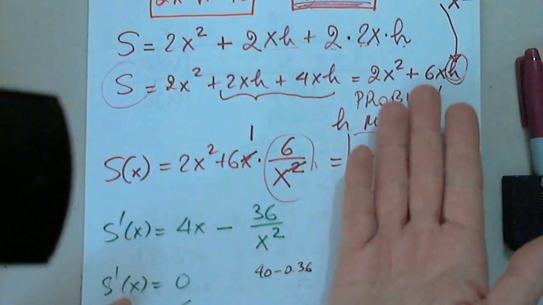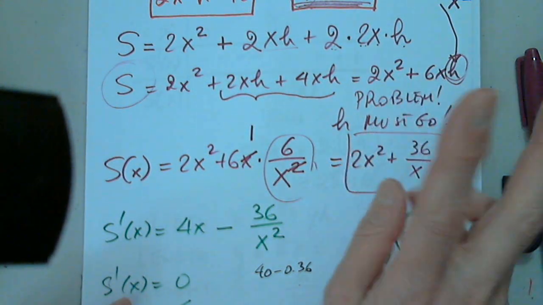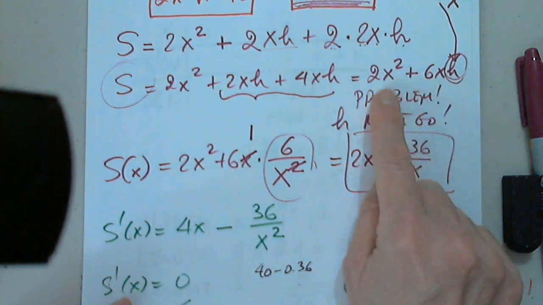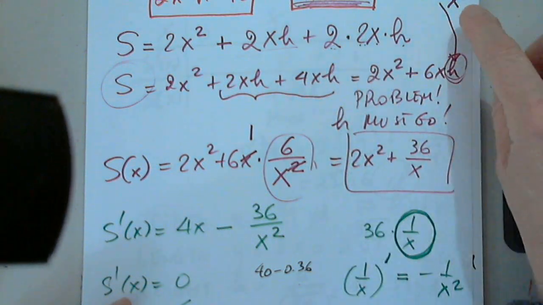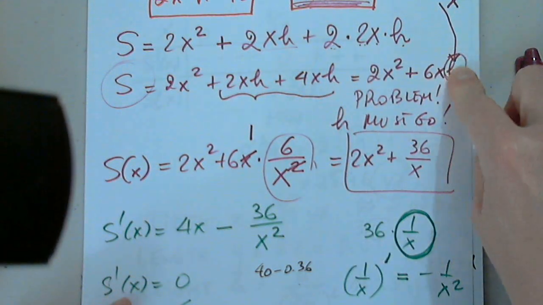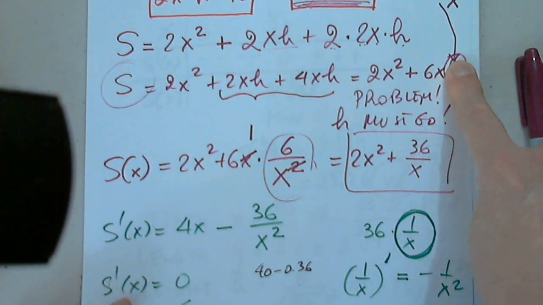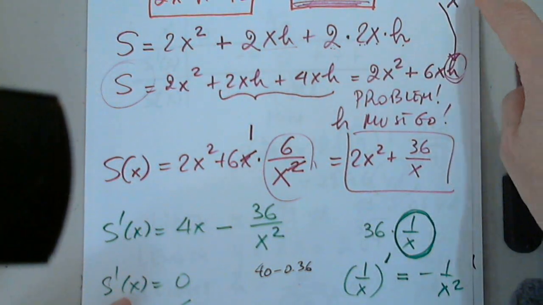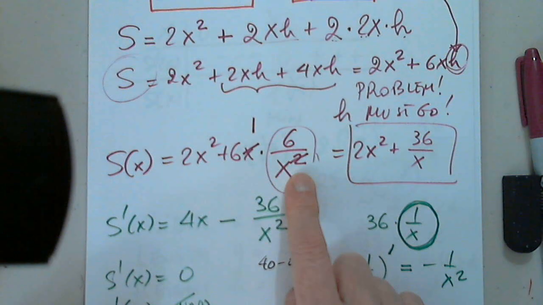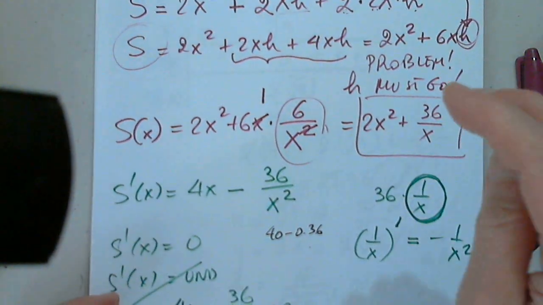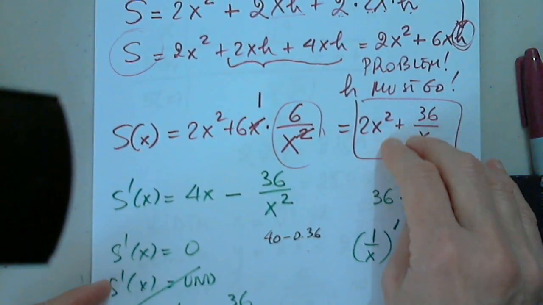Later on in chapter 6, we will be able to differentiate, but not right now. We don't know how to differentiate a function of 2 variables. So something had to help us eliminate this, and we did. We eliminated by replacing it by 6 over x squared. We further simplified. Now we were in possession of the function.